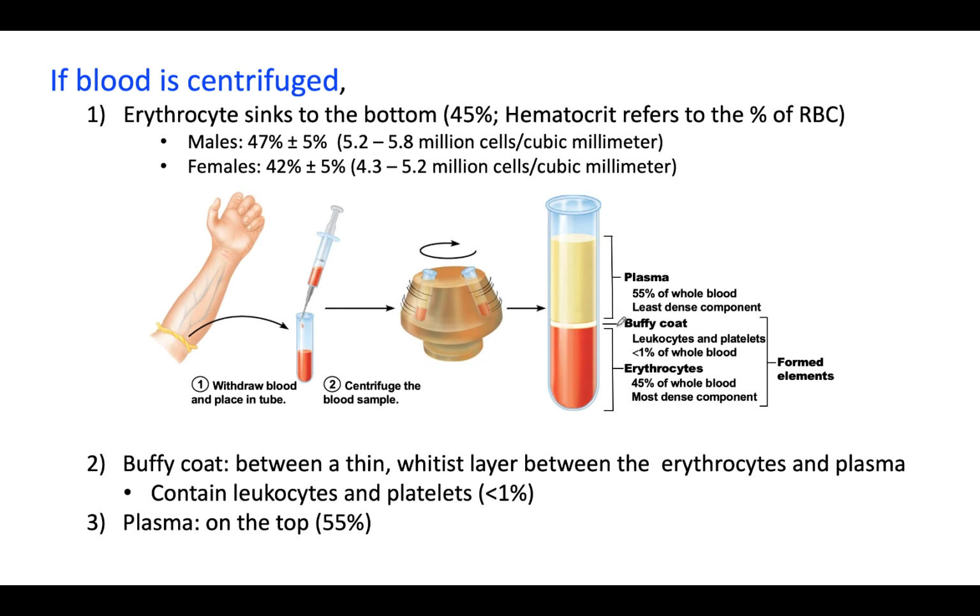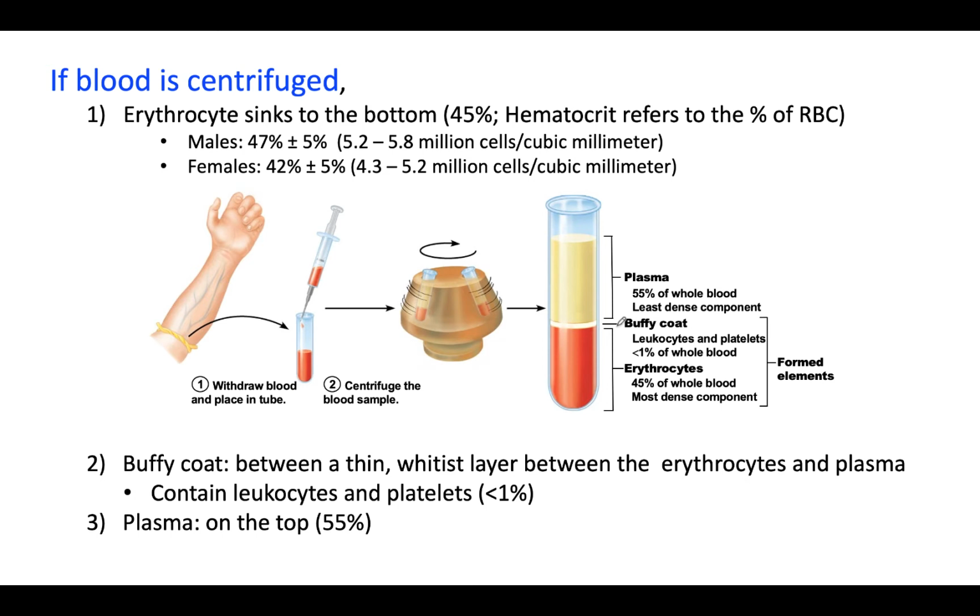Hematocrit refers to the ratio of the volume of red blood cells to the total volume of blood. So, hematocrit is about 45%. This means erythrocytes account for about 45% of the total volume of a blood sample.